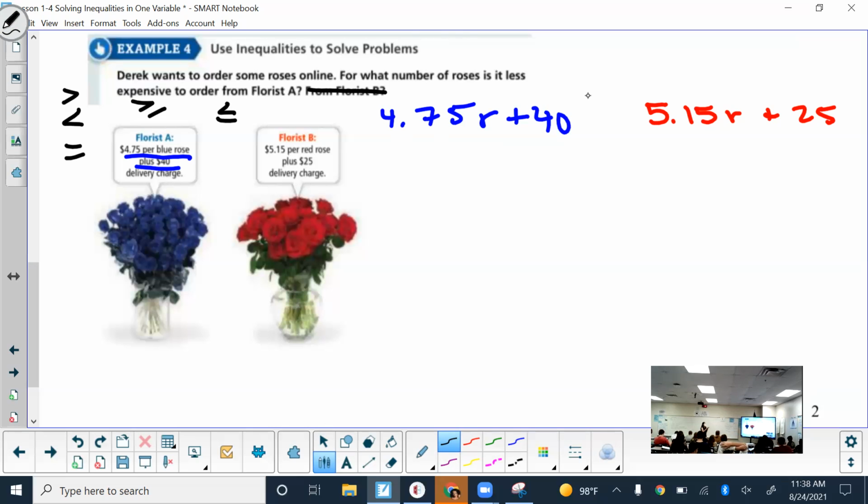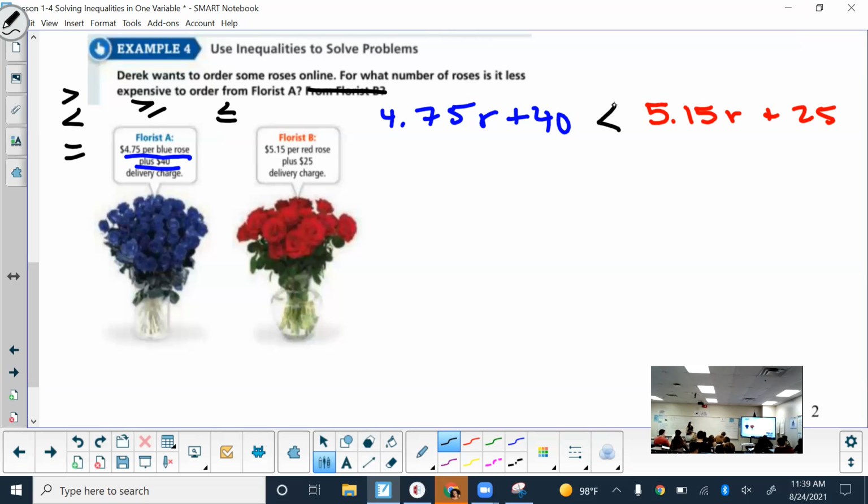Less than. The less than symbol, right? If we wanted to know the opposite, like when the red is smaller than the other one, we would just flip it, right? So that's how you can figure out the sign. Just use your critical thinking.